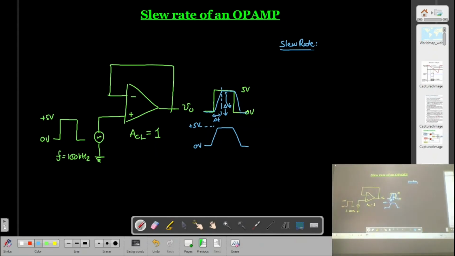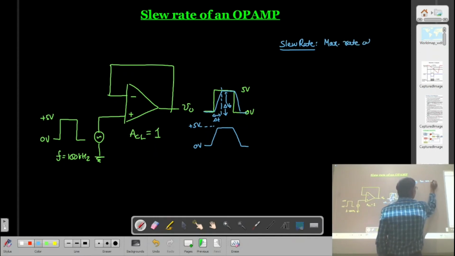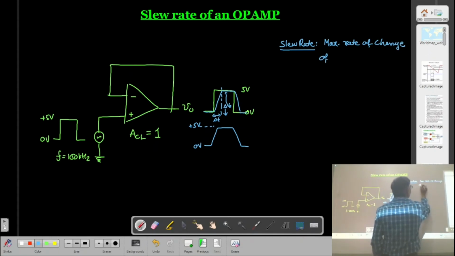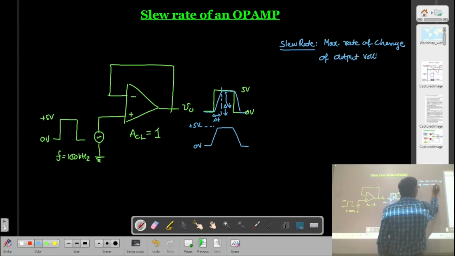So, what is the slew rate? That is defined as the maximum rate of change of output voltage with unity time.